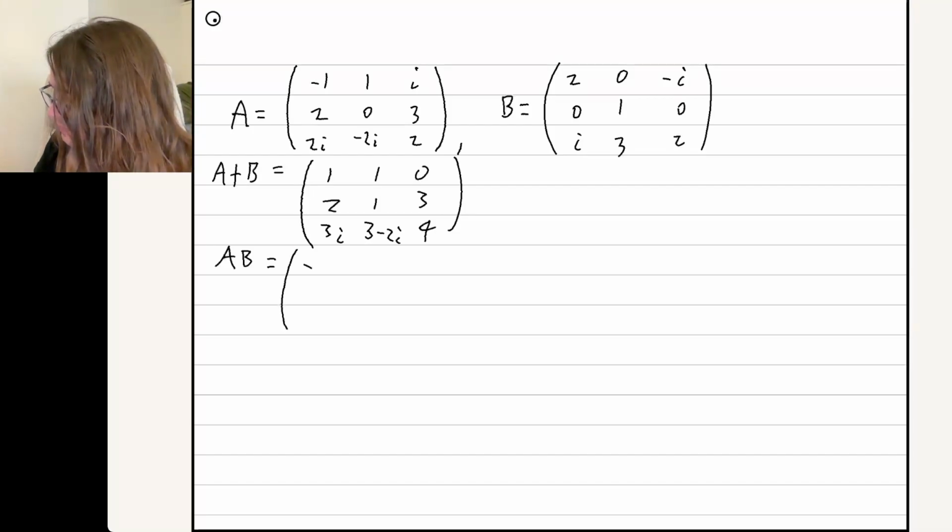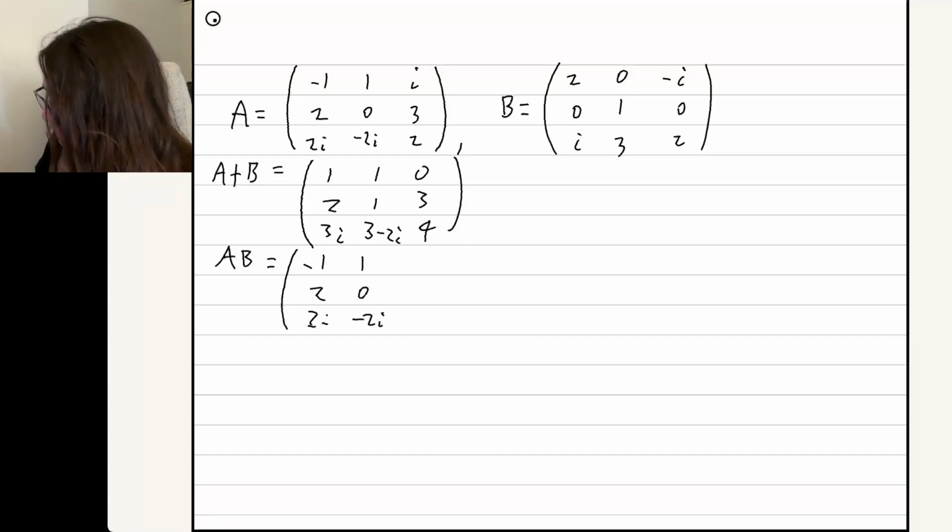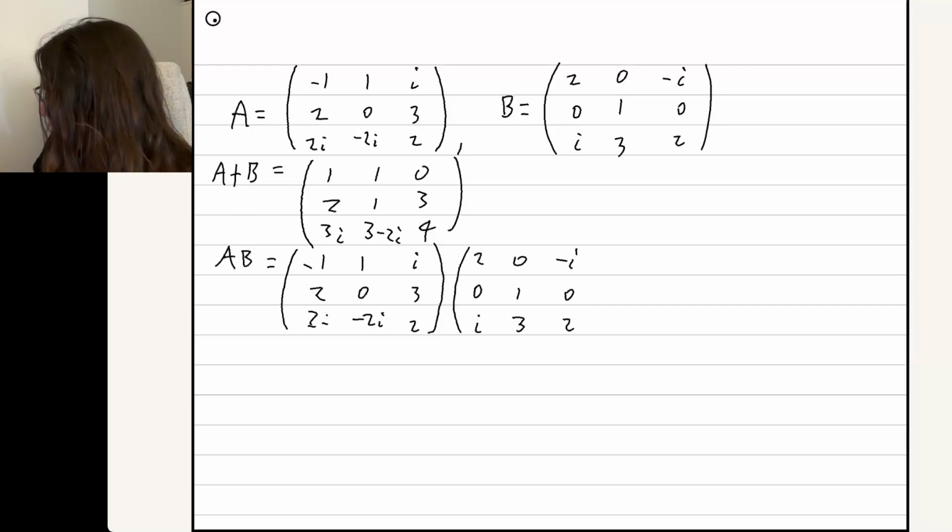And I do like to actually write out both matrices if that's what I'm going to do, just next to each other so I can see what I'm doing. But to multiply matrices together, it's a little bit of a process.